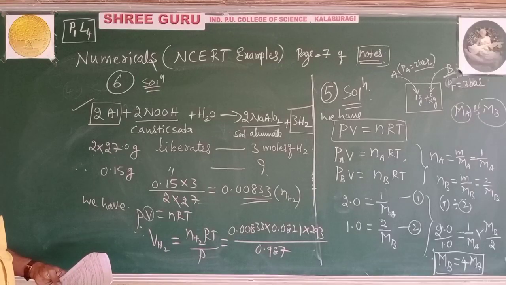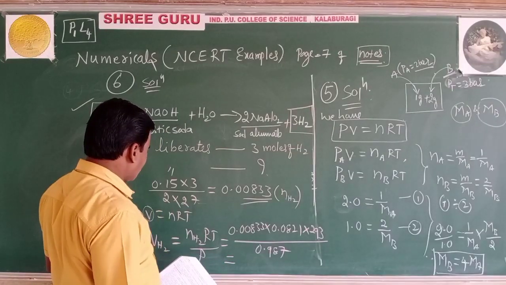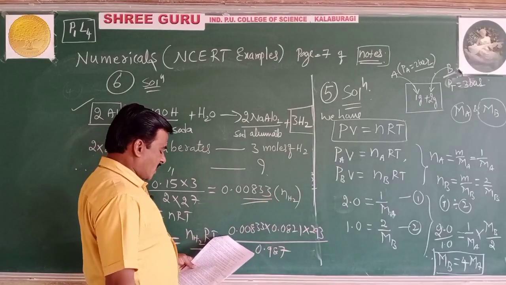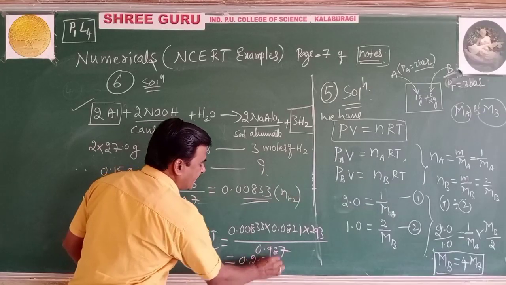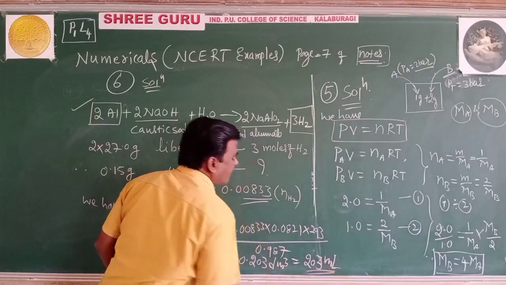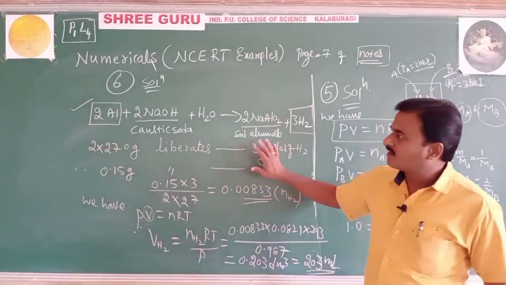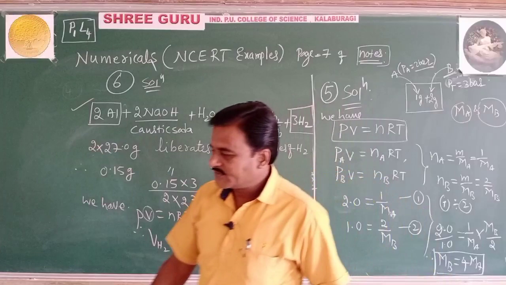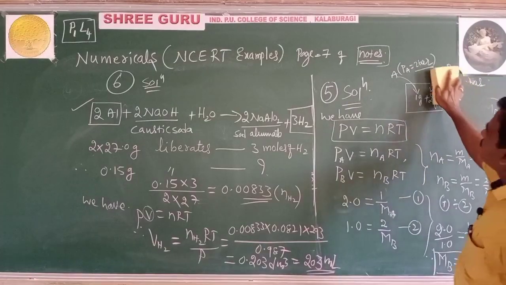What is the final answer? You get 0.203 dm cube, which is the same as 203 milliliter of hydrogen liberated. This is the solution of problem number 6. Have a look at the solution.